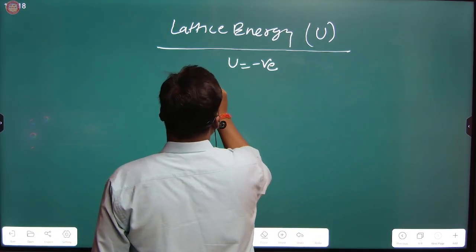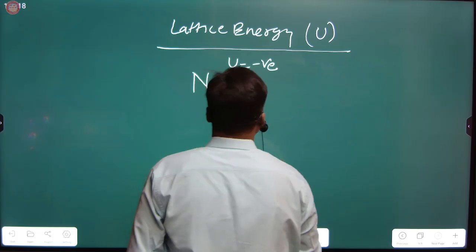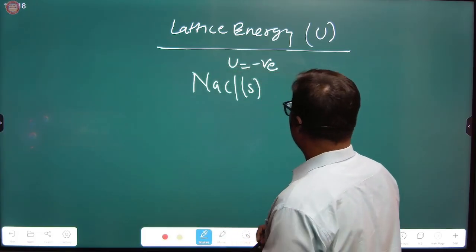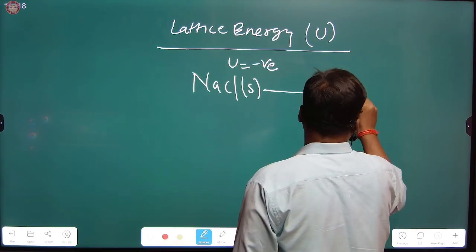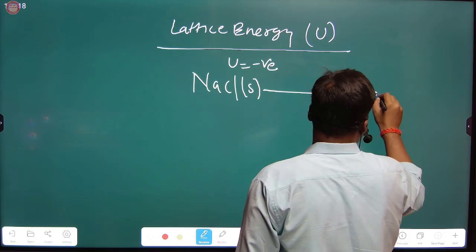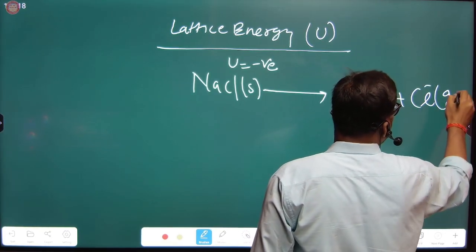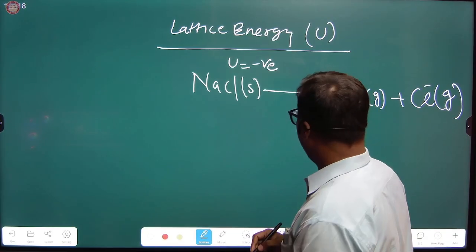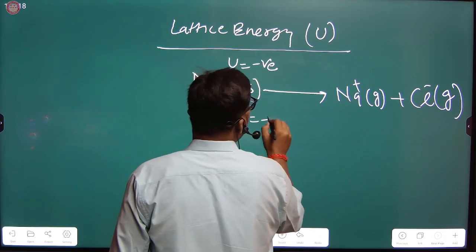Suppose we have sodium chloride in the solid state, right? It can be broken down into its constituent gaseous cation and anion. In this case, the lattice energy is positive.